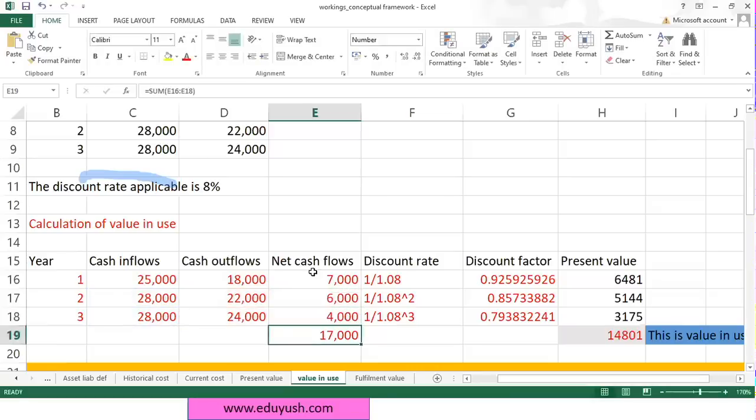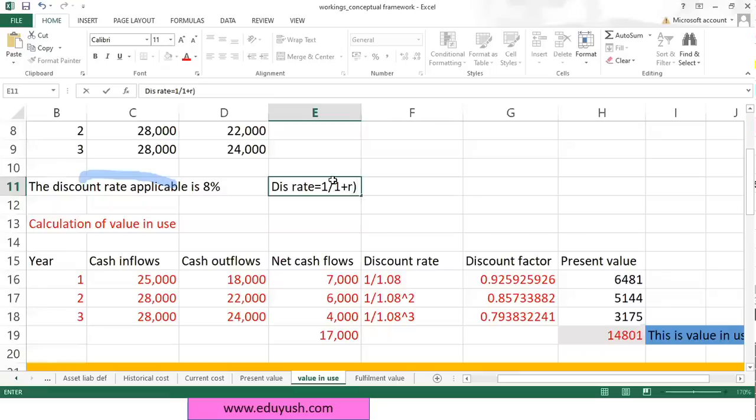Now I have to multiply it with a discount factor. What is the discount factor? It is 1 divided by (1 plus R) raised to n. What is R?